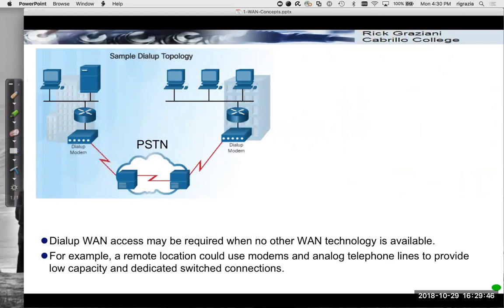You might require it if you're in a remote location and you really have no other options. But you have to realize it's going to be low bandwidth. You're not going to be able to do video over it, and it's going to be slow.